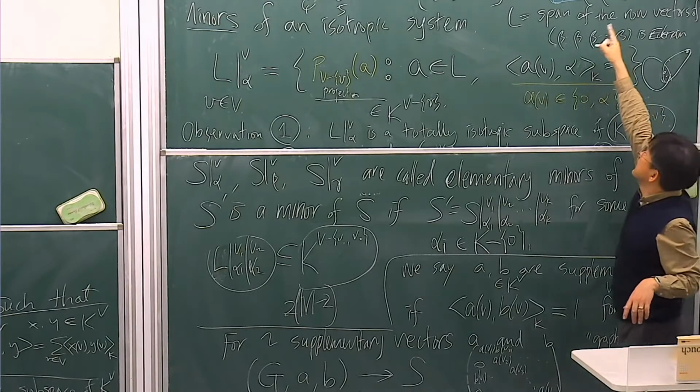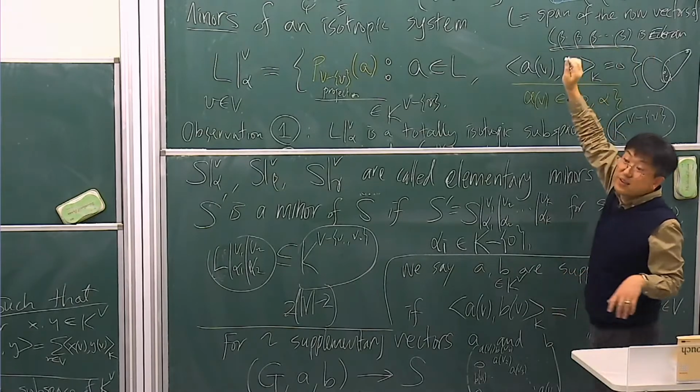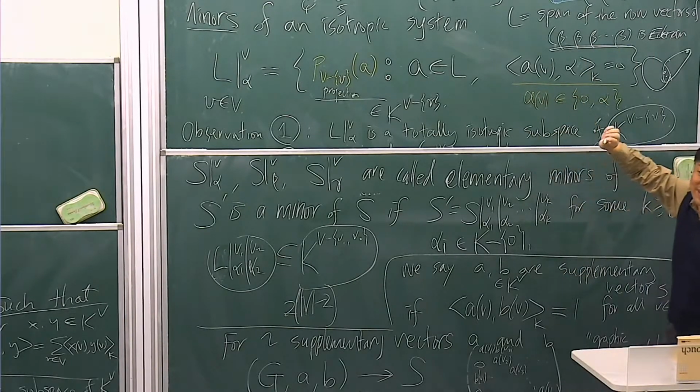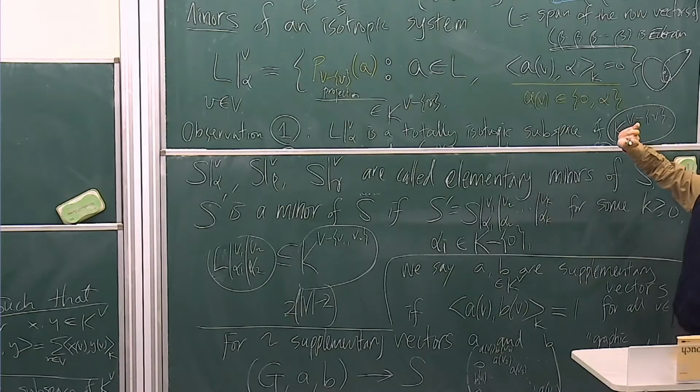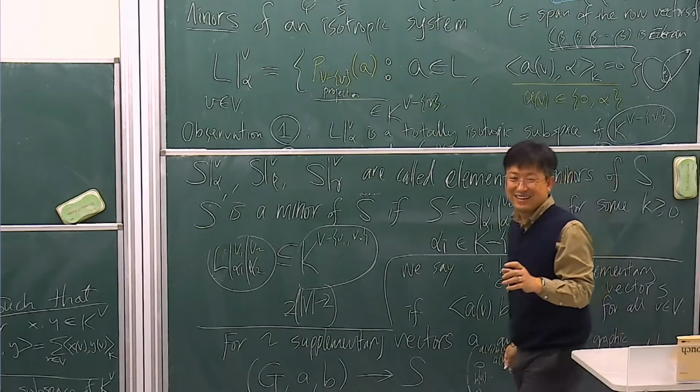So in this case, a vector consisting only of beta is Eulerian. Potentially, you may have gamma, gamma, gamma, gamma.